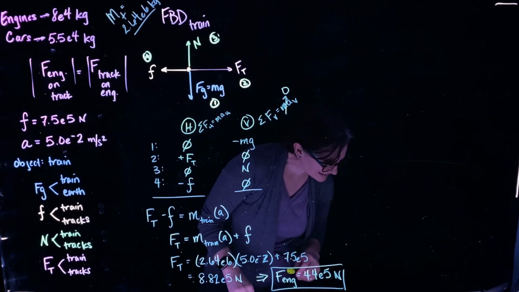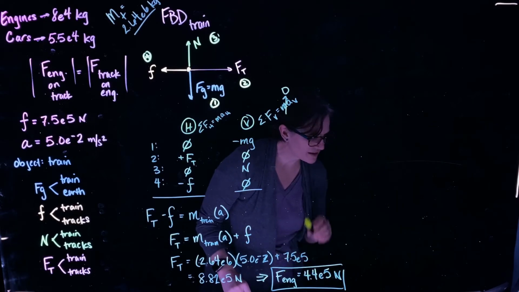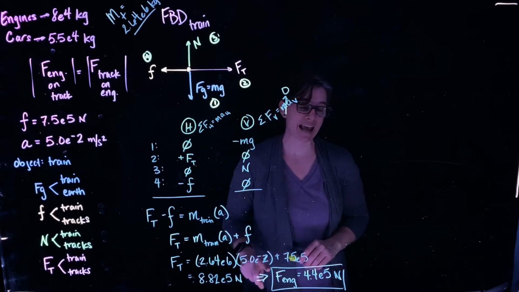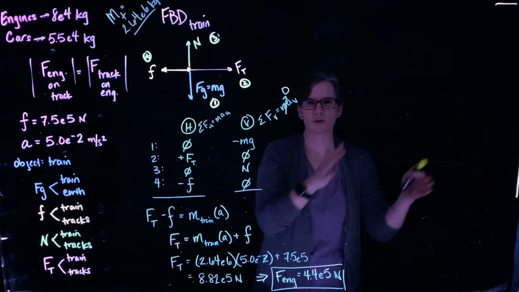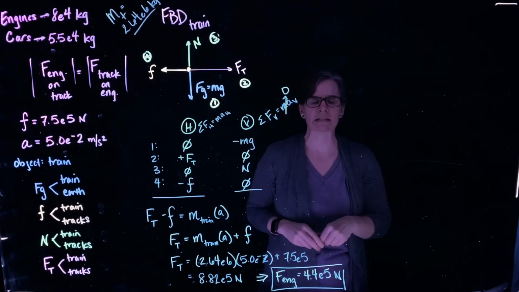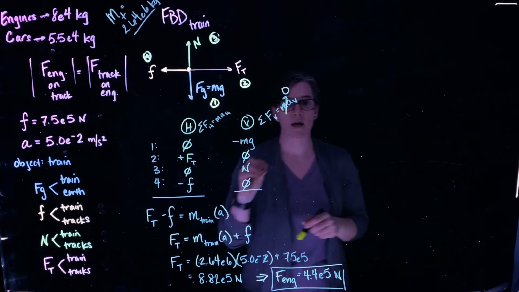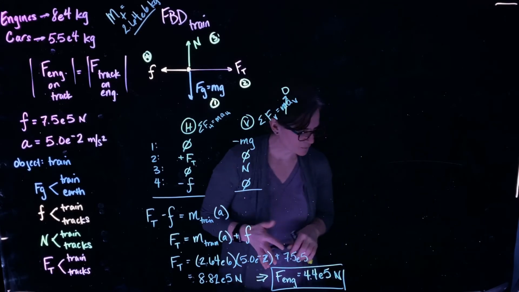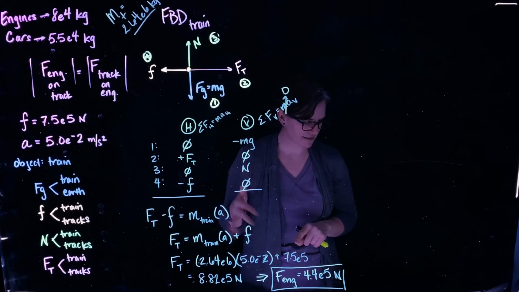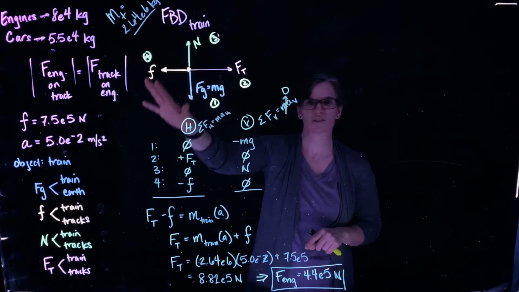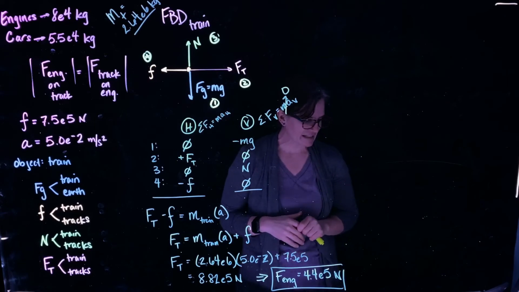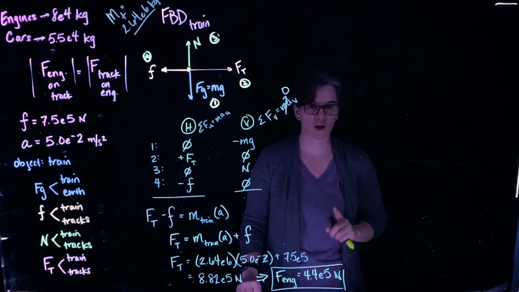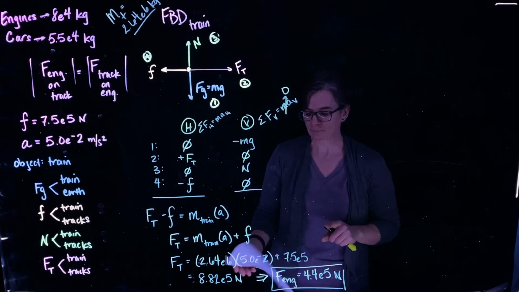Part B says, what is the force of the coupling in between the 37th and the 38th cars? So imagine we're going all the way down those cars. They're connected by couplings. We want to know what is the force of the coupling between the 37th and the 38th car. We're going to make a couple of assumptions. We're going to assume that all the cars have the same mass, which we sort of did already once, and that the friction is evenly distributed among all of the cars and the engine.